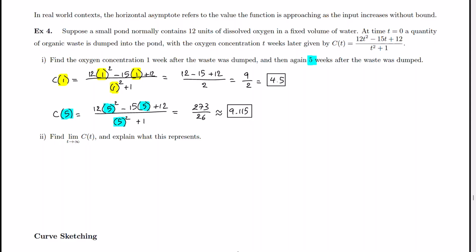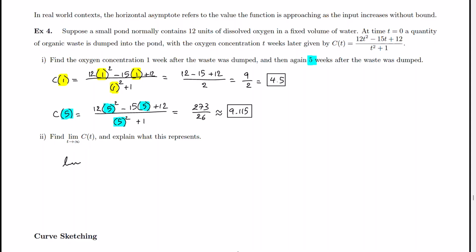So it seems like the pond is recovering, and that's what we're going to try to find out in part number 2. It says find the limit of the concentration as time passes on towards infinity. So as you let more weeks pass by, what's the concentration of the oxygen in this pond?